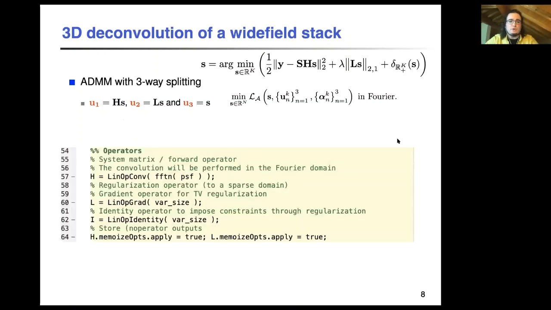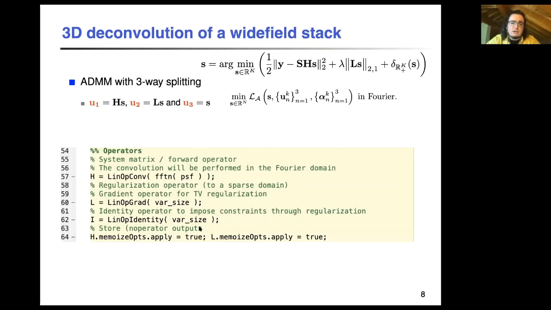First you define the operators. H is the linear operator of convolution, to which you give the FFT of the impulse response you want to implement. Then you have the gradient, which only needs to know which side is going to be the variable that it will receive. Then you have the identity, which we're going to pair with the dummy variable U3.